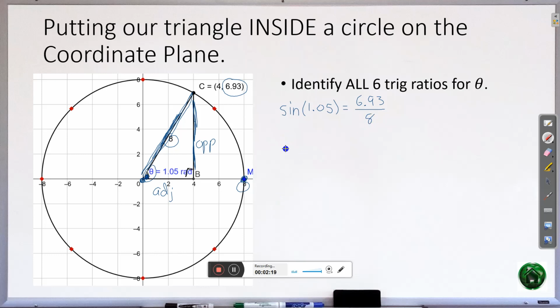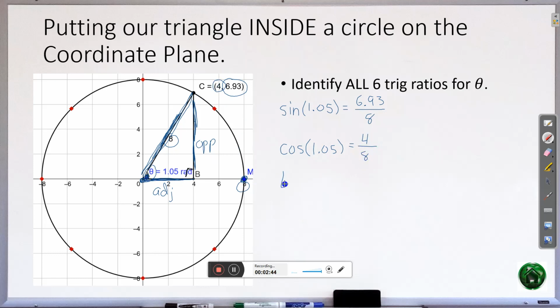All right, let's do cosine now. Again, our angle is the same, so it's still 1.05 radians. Is equal to the adjacent. Well, the adjacent is now this horizontal side, which is our x value, which is 4. Over, again, the hypotenuse is the same as the radius, so that is 8.